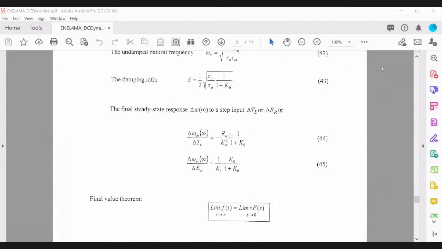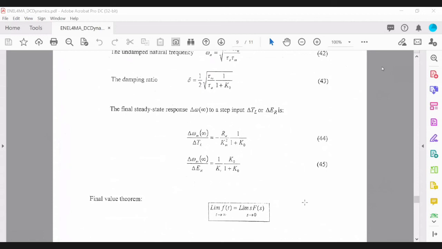Equations 44 and 45 give you both, so you end up with this solution: minus RA over Km squared, times 1 over 1 plus K naught.